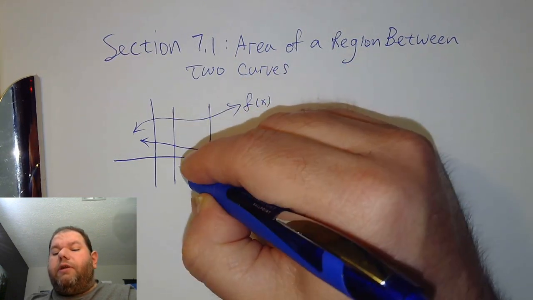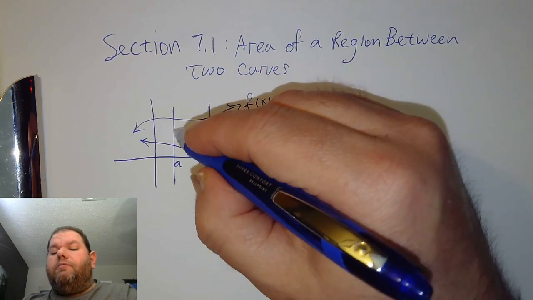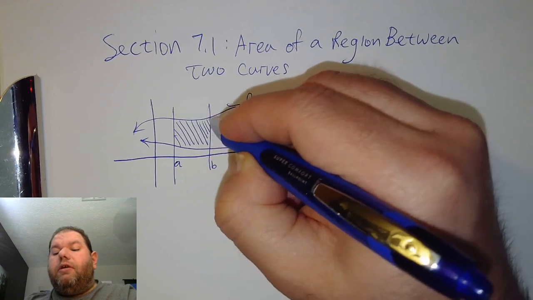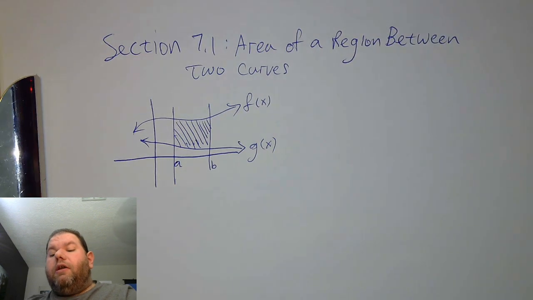And we have two lines here, a and b, and these all perfectly enclose this region that I'm shading. We're trying to find the area of that shaded region.